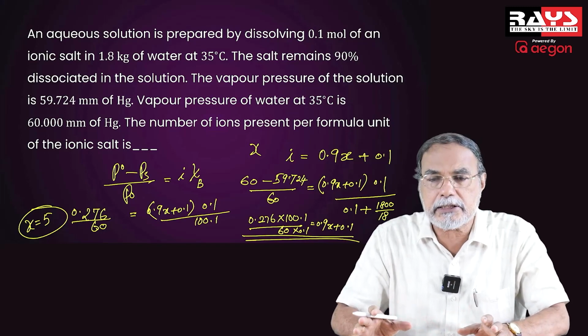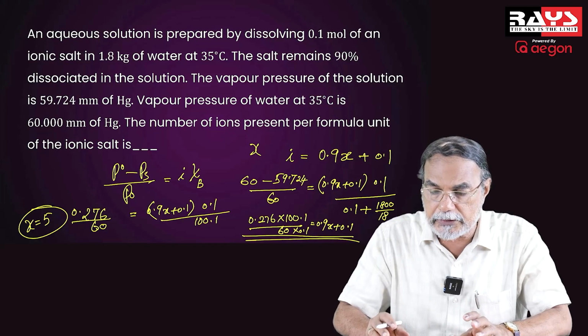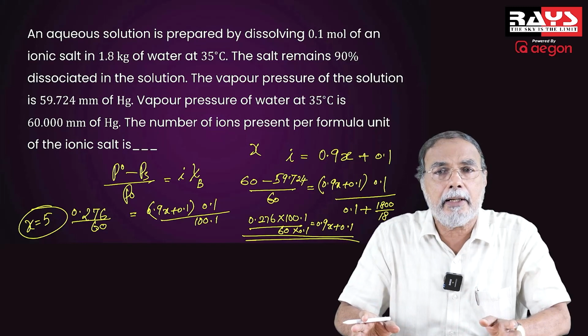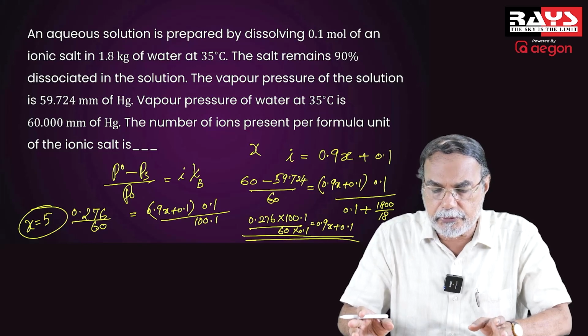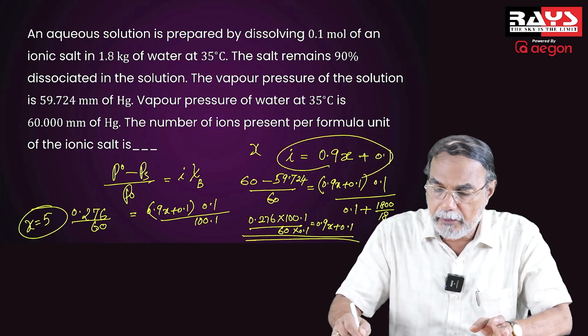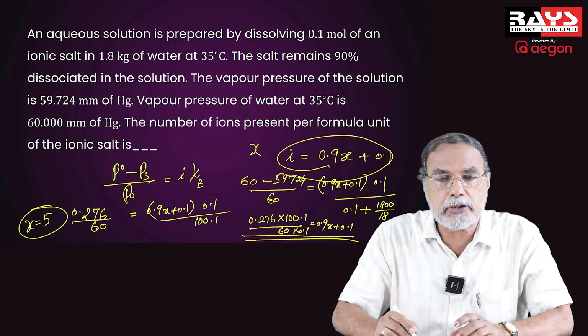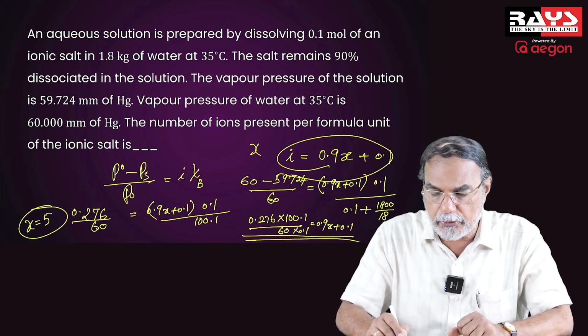So the problem as such is simple. Only thing is that you have to be cautious about the Van't Hoff factor in this case, because it is an ionic salt undergoing dissociation. The 90% dissociation is given in the problem. So you have to write the Van't Hoff factor, and the Raoult's law now becomes: relative lowering of vapor pressure is equal to i into the mole fraction of the solute.